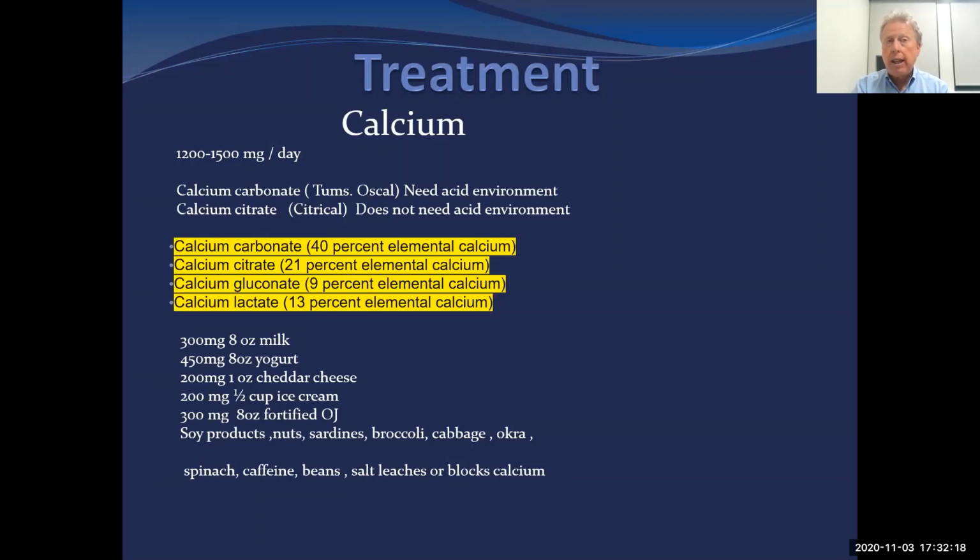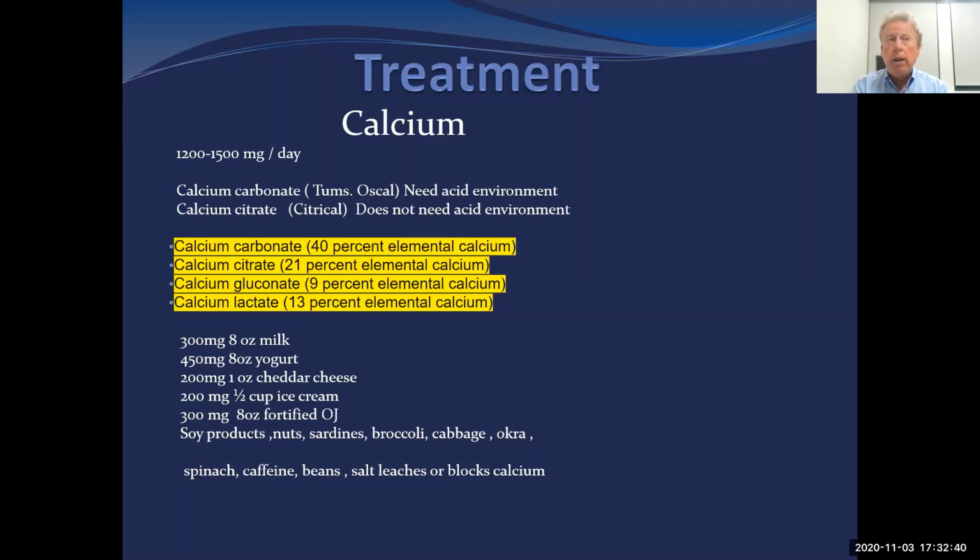Spinach doesn't have good calcium. Although there's calcium in spinach, it's locked up in a compound called calcium oxalate that can't really be absorbed very well. So that's not a good thing to eat for calcium. It may help with other things, but it's not good for calcium. Caffeine is a pretty good calcium leacher.